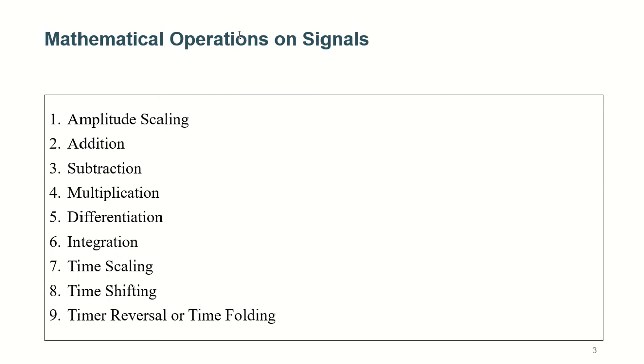All these operations which I've discussed are normally categorized into two parts, based on two types of variables, because a signal consists of two types of variables. Those variables are either dependent or independent variables.